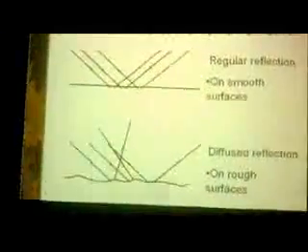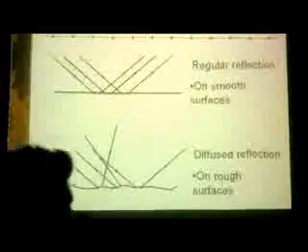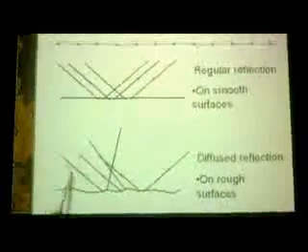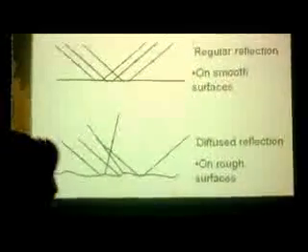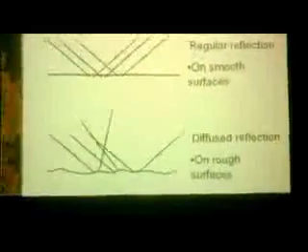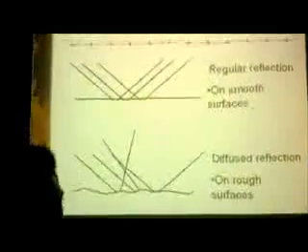While when light hits a rough surface, it diffuses. It means when light hits a rough surface, it's chaotic. You know what I mean.